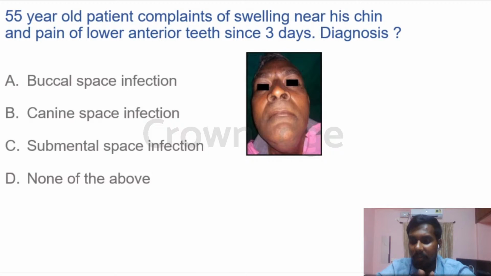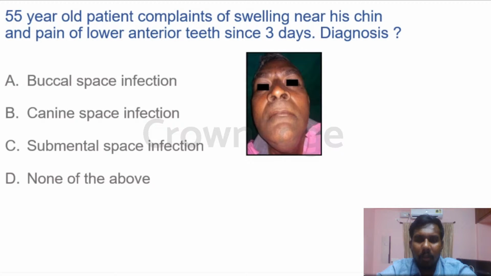I saw that most of them answered this question right, submental space infection. I think two or three people answered none of the above, or some answered canine space infection. Please read the question a couple of times.